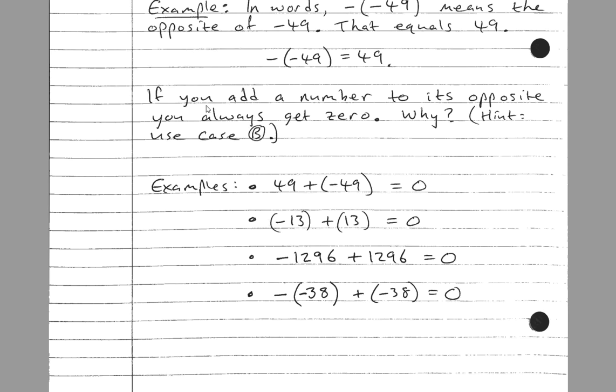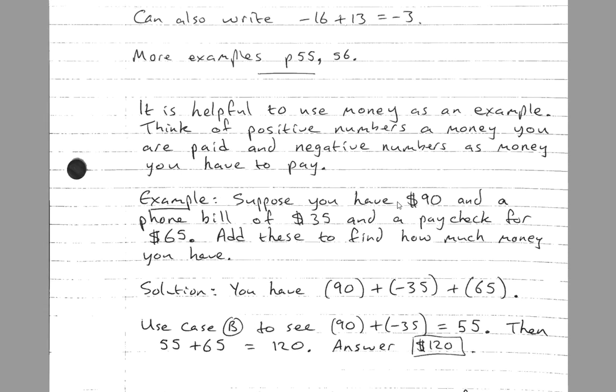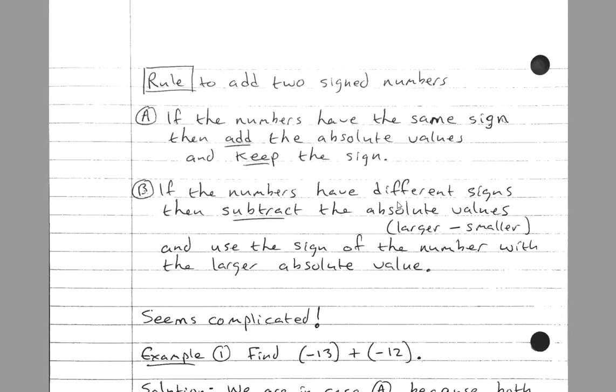Last comment here. If you add a number to its opposite, you always get 0. Why is that true? It's a case B situation. If you add a number to its opposite, you're adding two numbers with different signs. The opposite of a number is going to have the same absolute value.